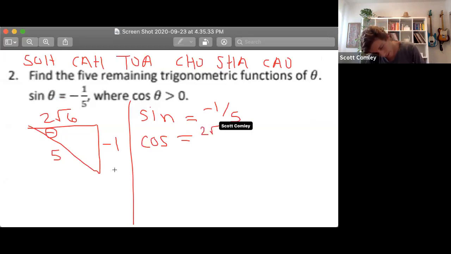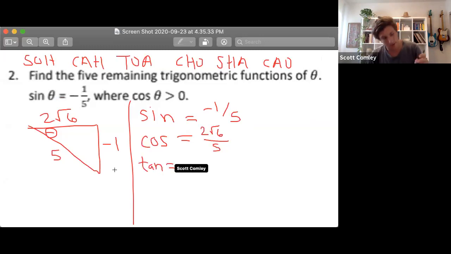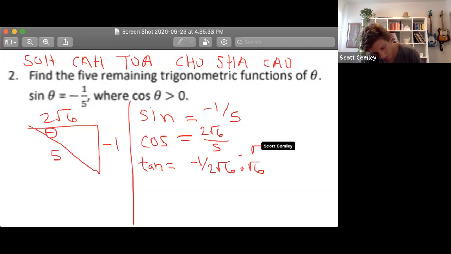So 2 root 6/5. Tangent, opposite over adjacent, -1 over 2 root 6. Can't have a square root in the denominator, so we'll multiply that root 6 out. We get -√6 over 2 times 6, which is 12.